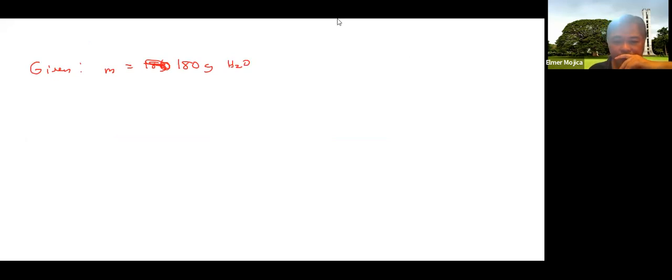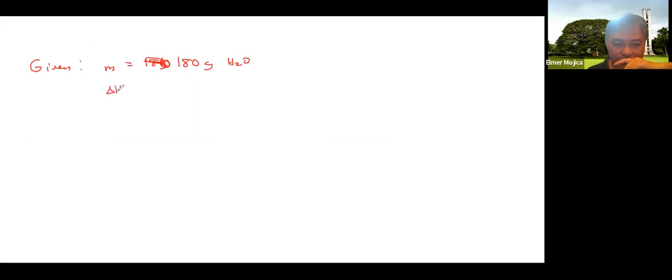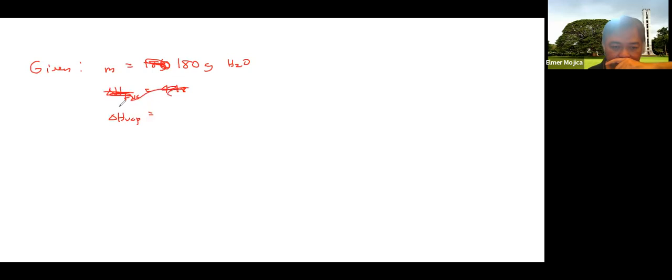Okay? And then, meron tayong 4.18 at 2.03, for water and steam. Specific heat pala, hindi heat. So that's what we call the C, in joules per gram times degrees Celsius.